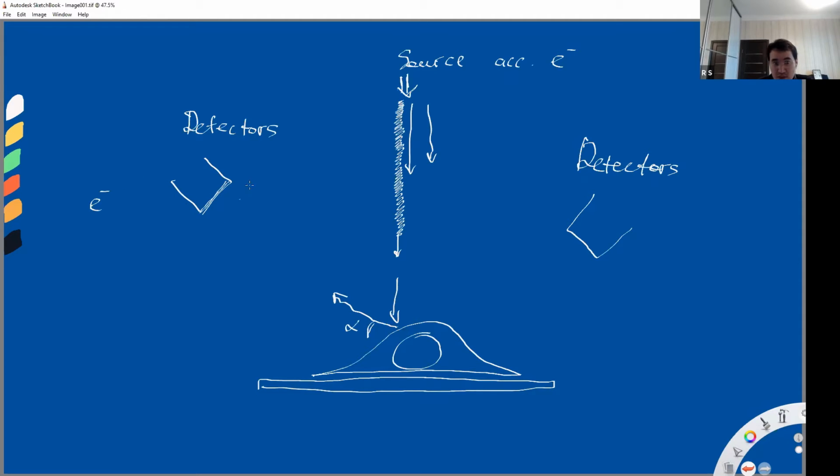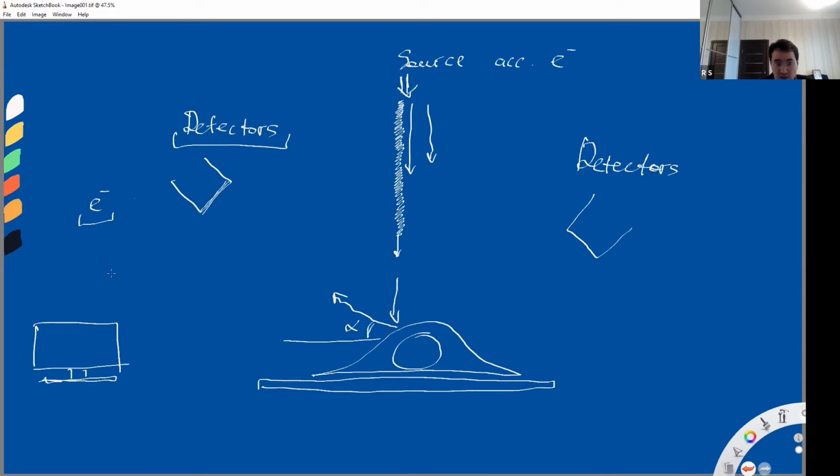And this detector sends this information to the computer. And on the computer, the processor starts computing the shape of the object, because of course the detector caught not one but many electrons.